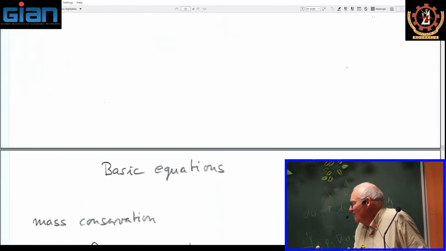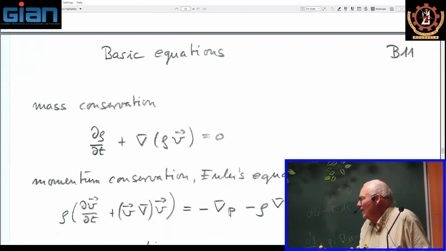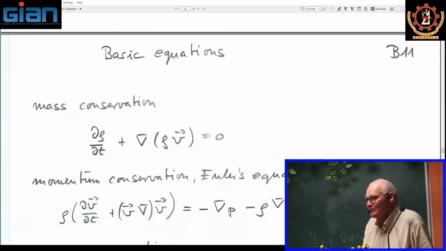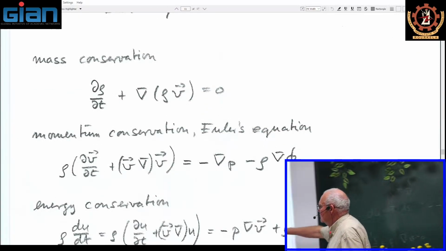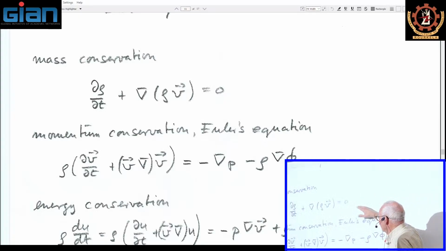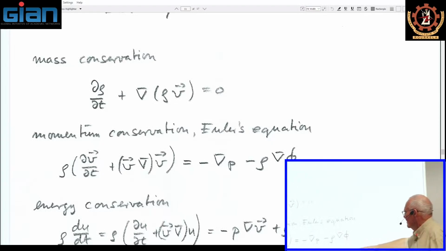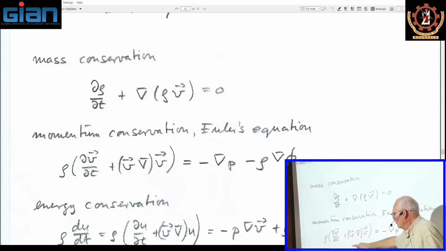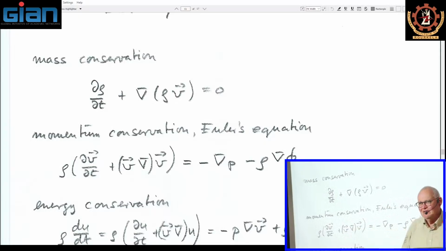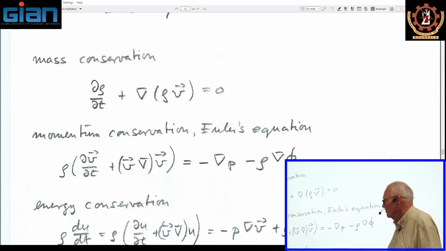Now let's again summarize the equations which we are going to solve. Well, we have mass conservation, the continuity equation now in the Eulerian form. We have the momentum conservation. This is Euler's equation in the Eulerian form, containing this non-linear term in the acceleration.